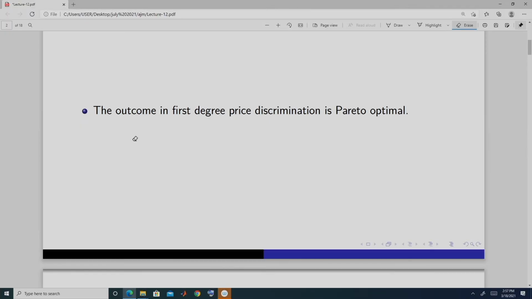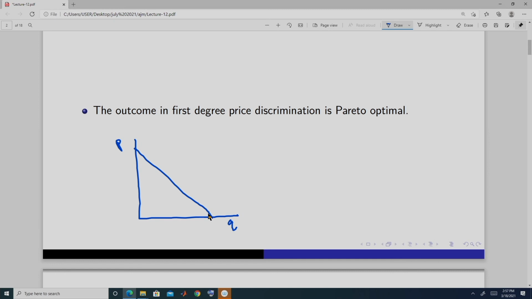So, we were doing first degree price discrimination in a monopoly, and we have seen that suppose here is the price, here is the quantity, and this is the demand curve. Suppose the individuals are similar in terms of the demand curve.